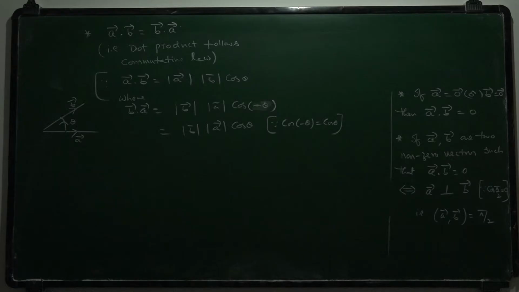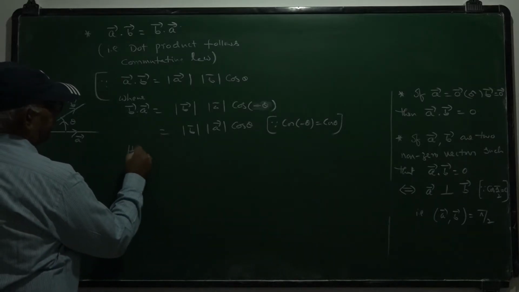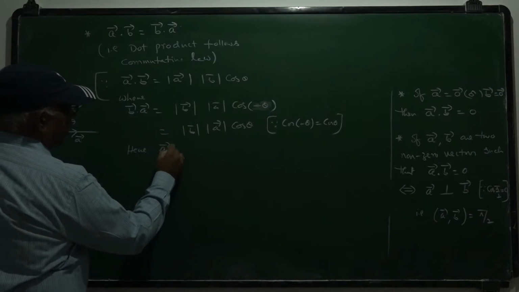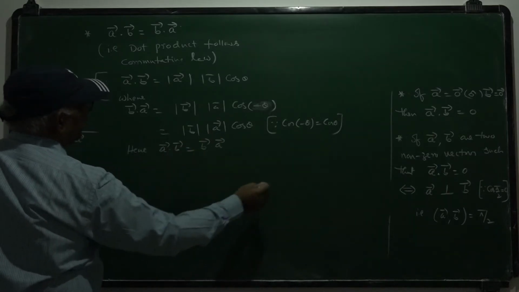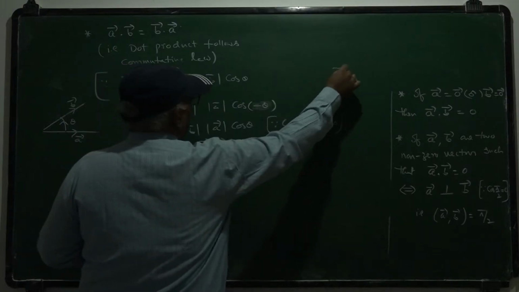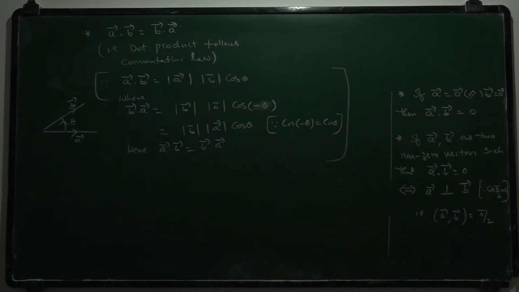So cos of minus theta equals cos theta, hence a dot b is the same as b dot a itself. This is our explanation for the dot product to be commutative.